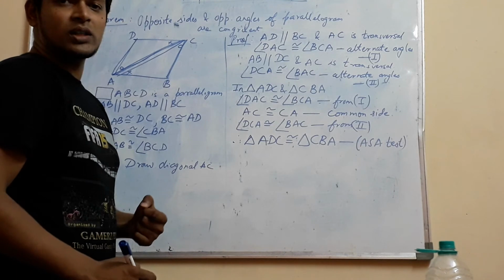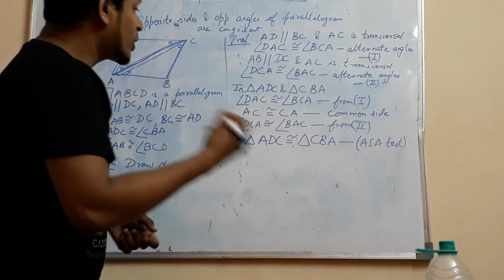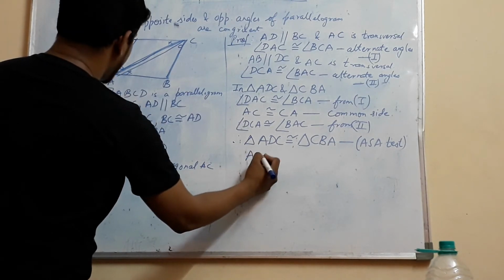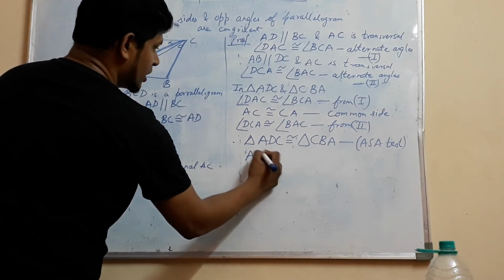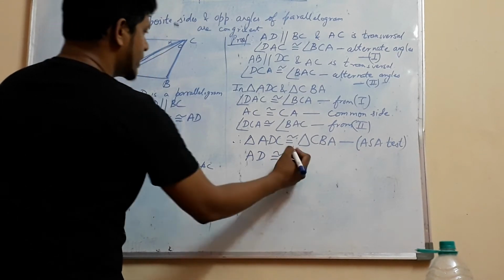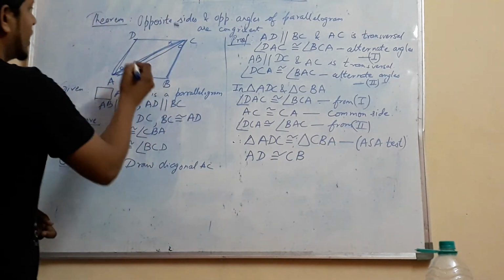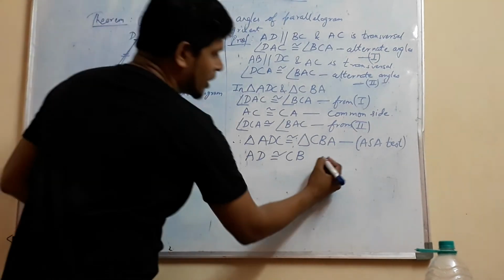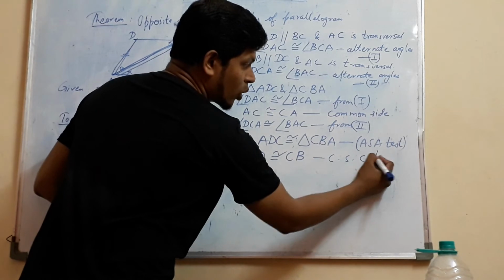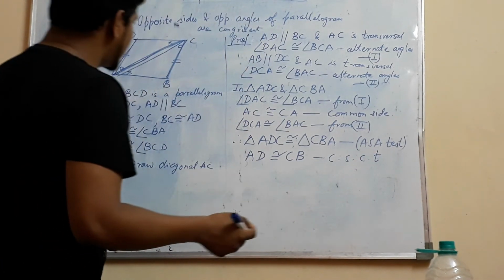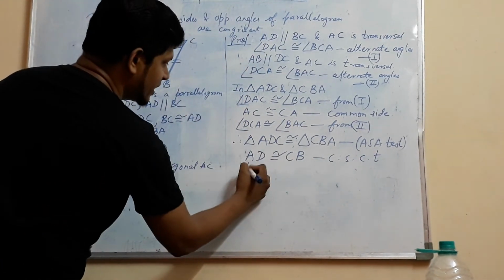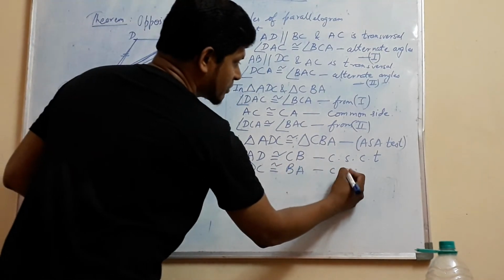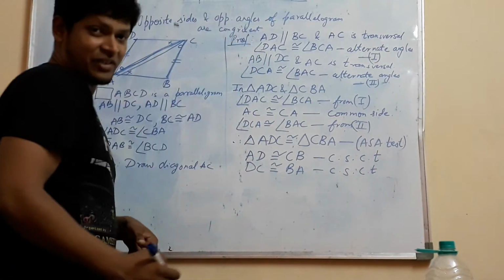So we can say about their sides, AD is congruent to CB because corresponding sides of congruent triangles, and DC is congruent to BA, that is corresponding sides of congruent triangles.